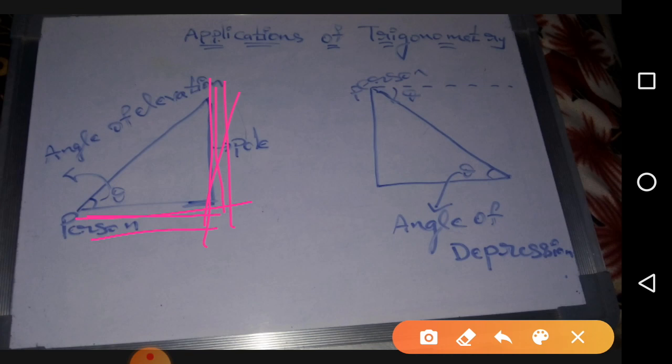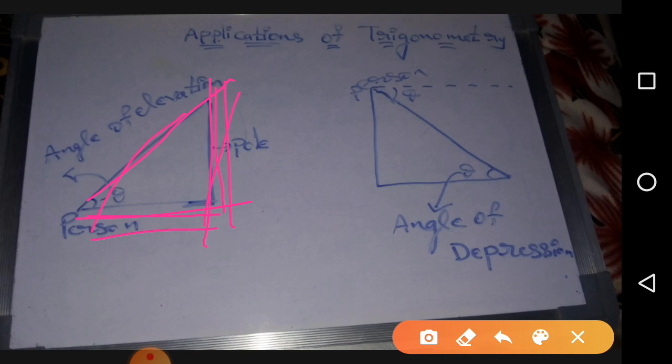No need to draw a mountain, pole, or tree, nothing. And then there is a line which touches both the peak and the ground. If you observe, it is forming a right angle triangle.